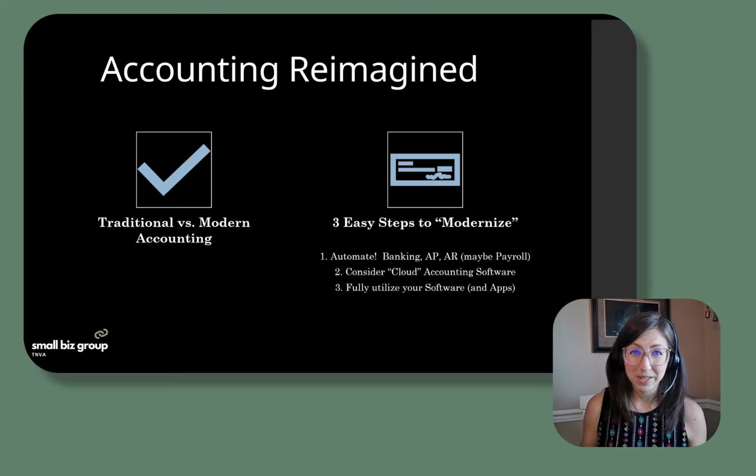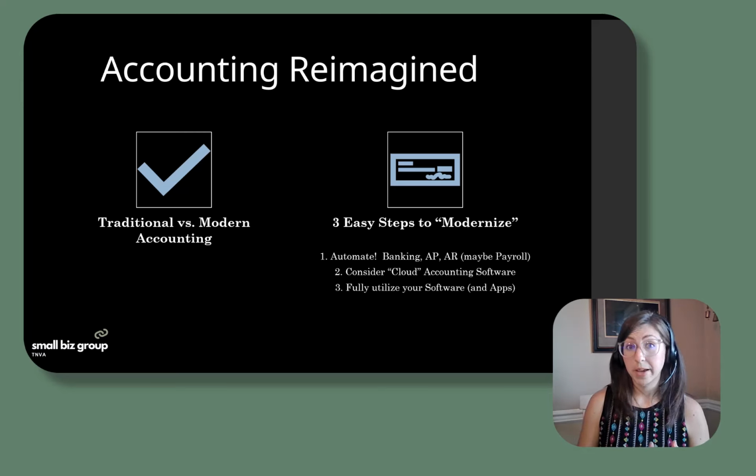So what's a small business owner to do? Well, a few things that you can do are you can look at automating. So you can look at these apps and the software that you're likely already paying for. A lot of these features are already included in your accounting subscriptions. So start small.